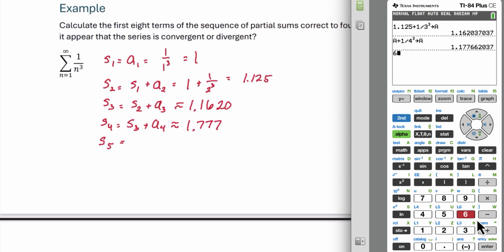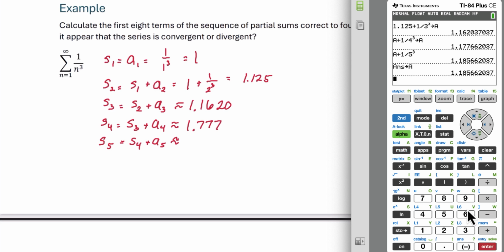S5 is S4 plus A5. Again, we'll pull up the previous sum, alpha A plus 1 divided by 5 cubed. Oops, forgot to store it. Store in alpha A. That is roughly 1.1857.